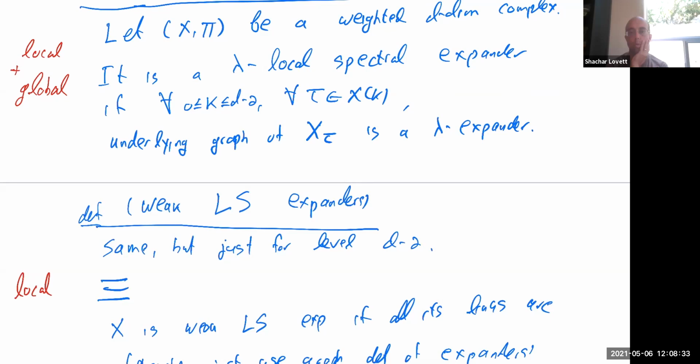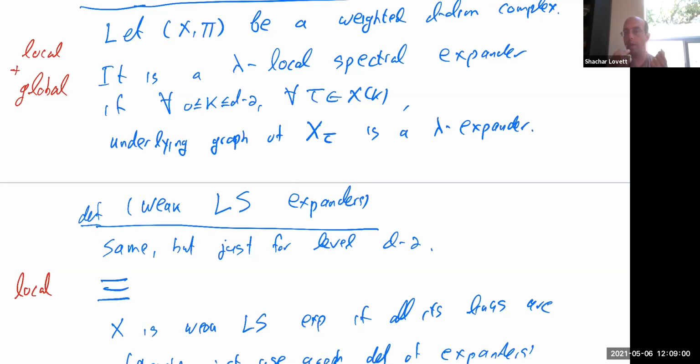So here's the first thing that we're going to ask ourselves: are these definitions the same, or are they different? Turns out they're not the same, because if you just look at local information on links, and you have something that's more than a graph, let's say a three-dimensional complex, it could just be the union of two disjoint complexes. Globally, it's not even connected.